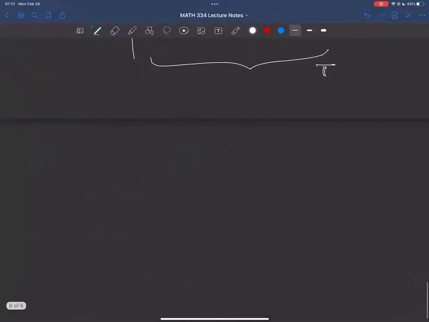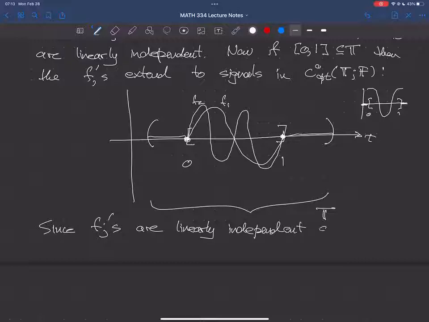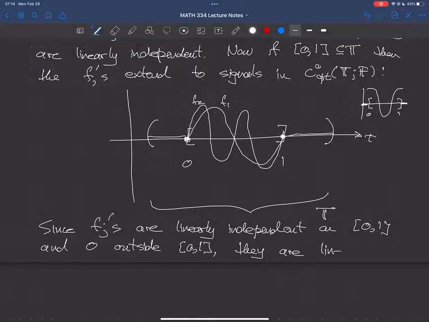All right, and so therefore, since the f_j are linearly independent when you restrict them to 0, 1, and 0 outside 0, 1, they are linearly independent as signals on, oops, the entire time domain.